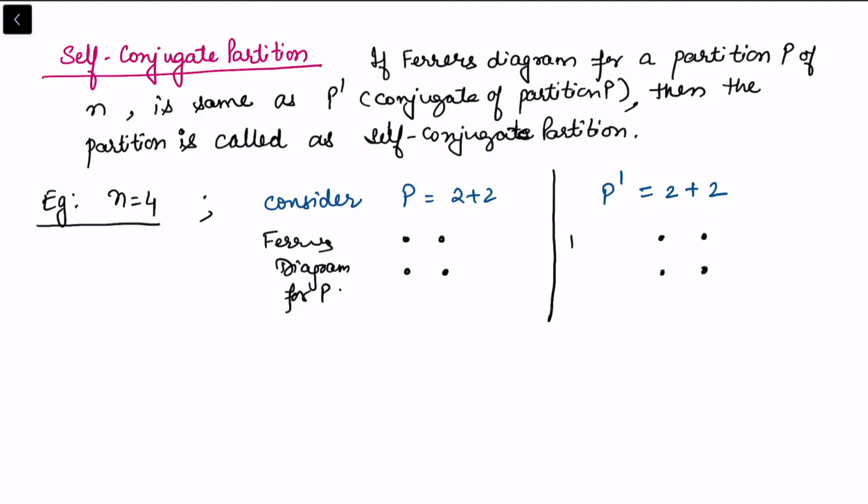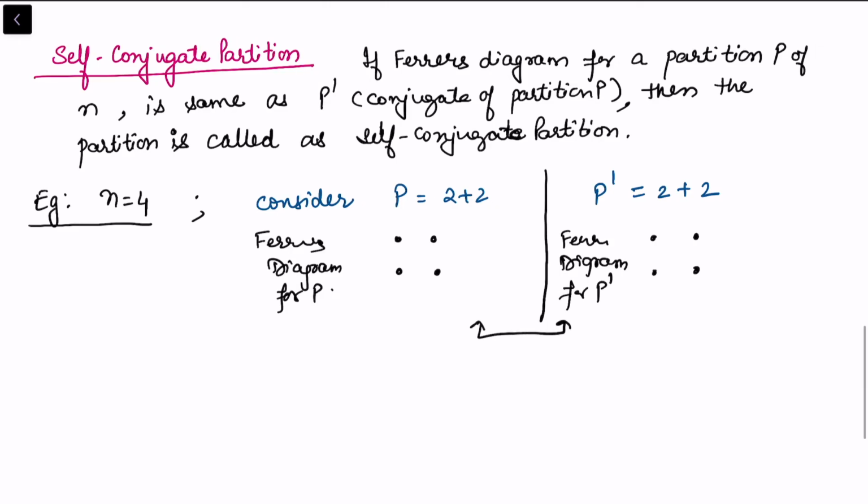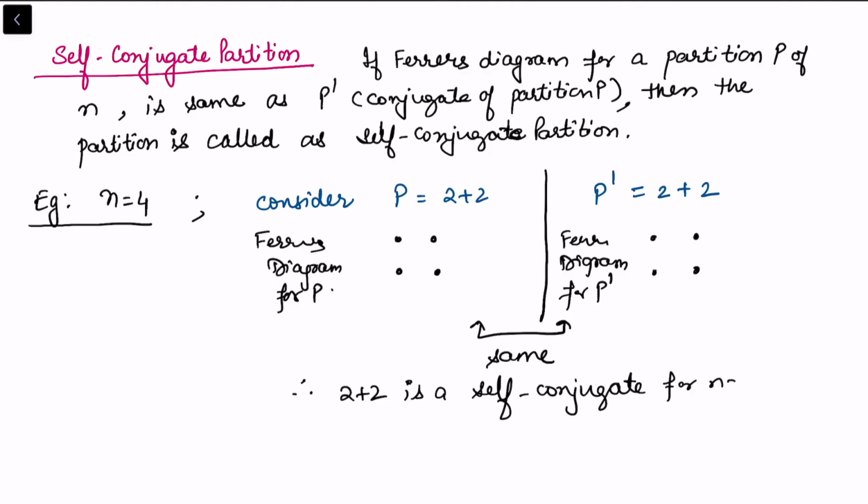So this is the Ferrers diagram for P dash, and we notice that both of these are the same. So 2 plus 2 is a self-conjugate partition. Not every partition is self-conjugate, because they lead to a different partition. But in this case, this is a self-conjugate partition for n equal to 4.